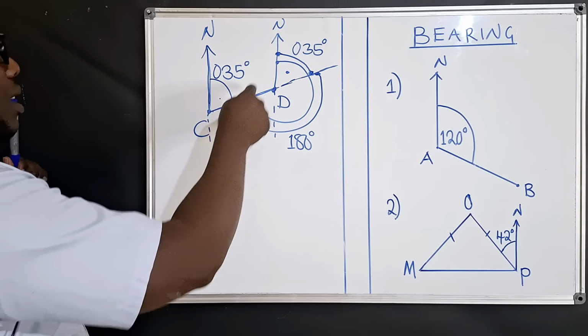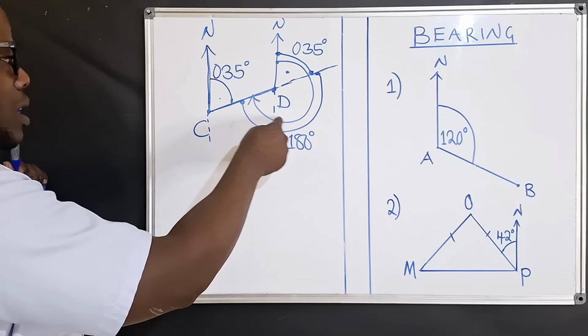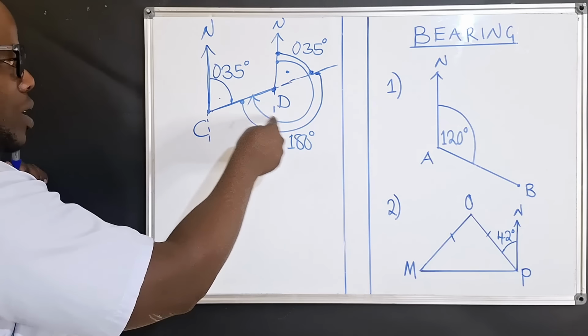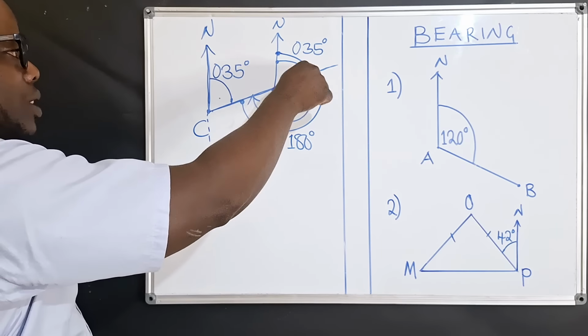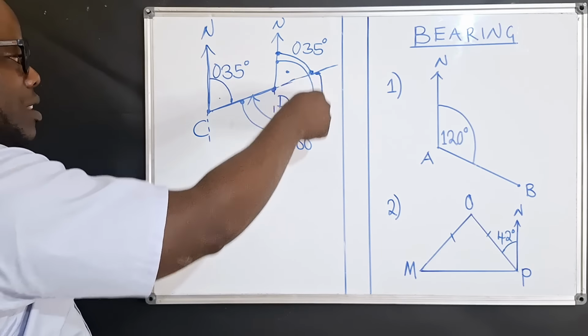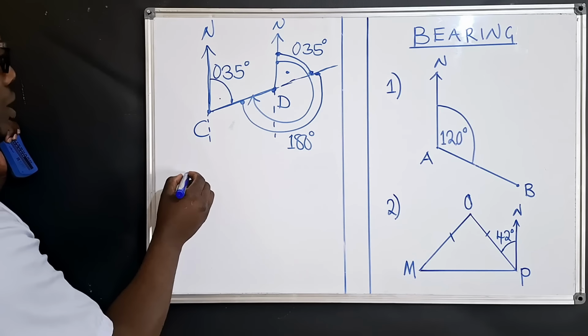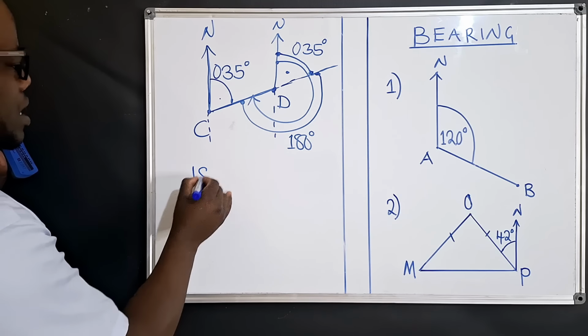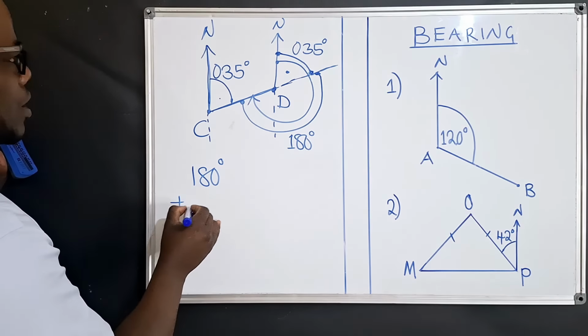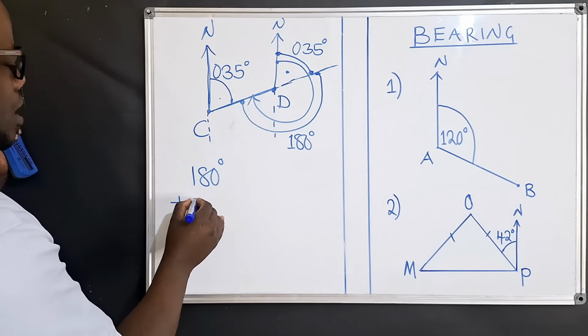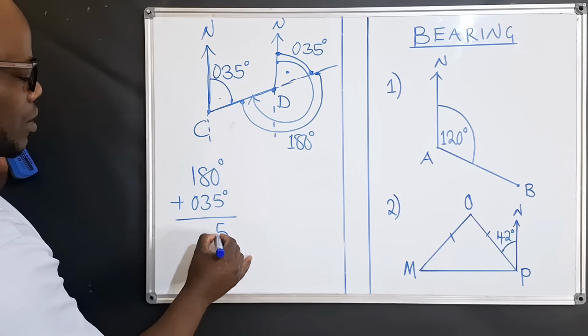So for me to find from here all the way to here, since I've known this part and this part, I can simply add this plus this. So here I'm going to say 180 degrees plus 035 degrees, of which when we add, this is giving us a 5.